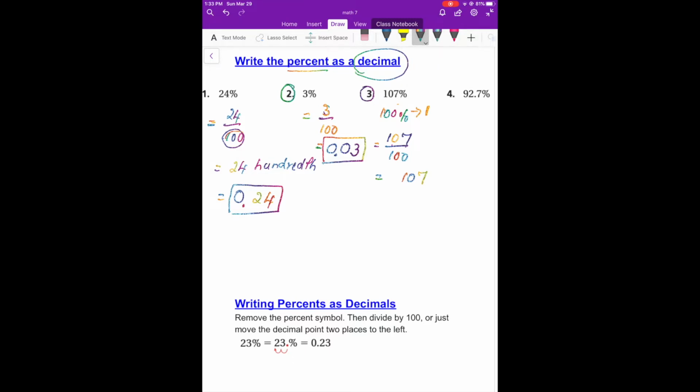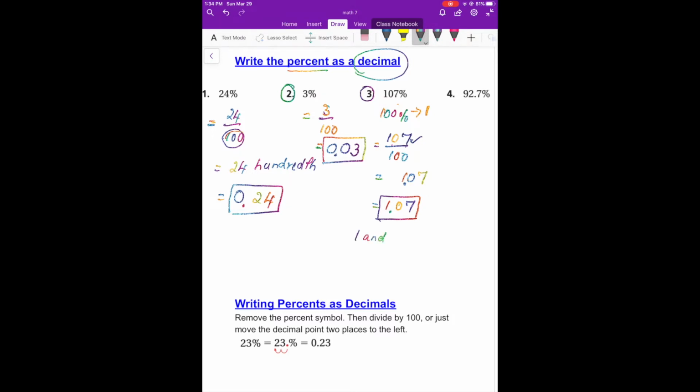That is 1 and 7 hundredths, a mixed number, because the numerator 107 is bigger than 100, so it's an improper fraction, which means it's more than 1. So it is 1.07.